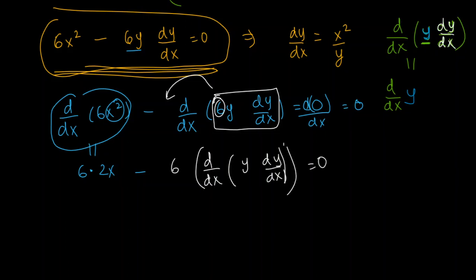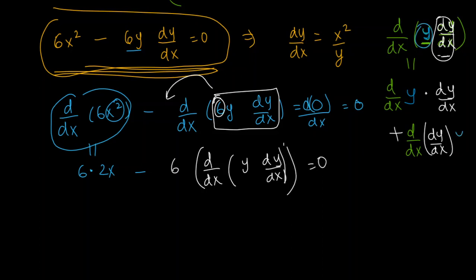And we multiply it by the other function, dy over dx. Plus, we now differentiate the second function, so d over dx of dy over dx, times the first function that we have, so y.